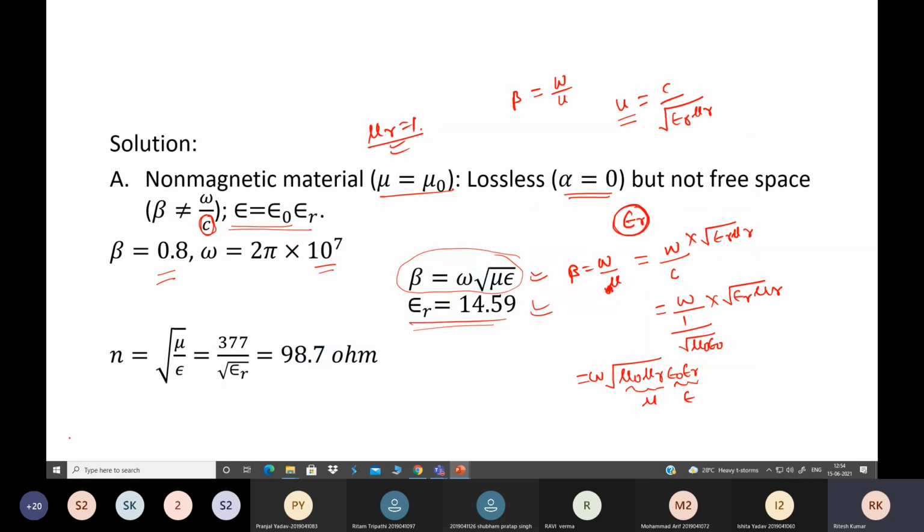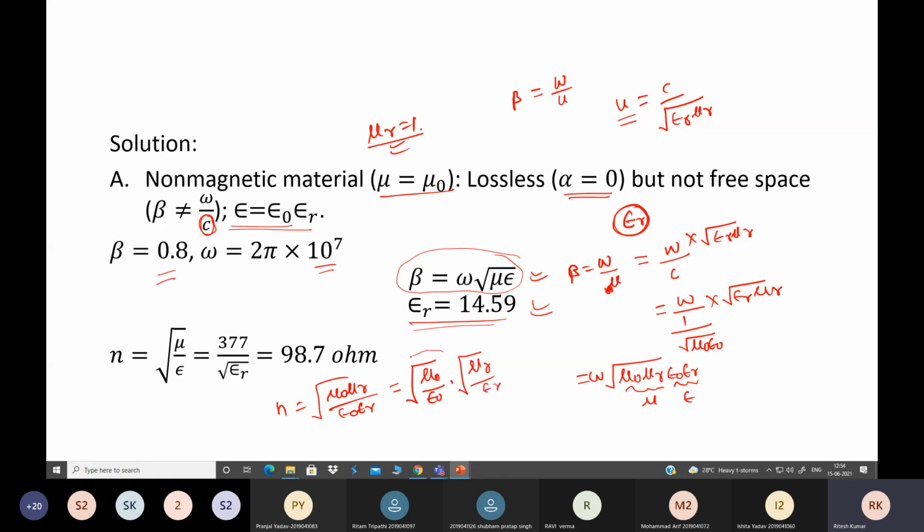Then next is intrinsic impedance. Intrinsic impedance is square root of mu by epsilon, where mu is mu naught into mu r divided by epsilon naught into epsilon r, which can be written as square root of mu naught divided by epsilon naught into root under mu r divided by epsilon r.